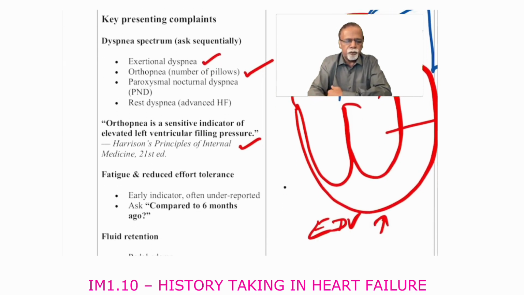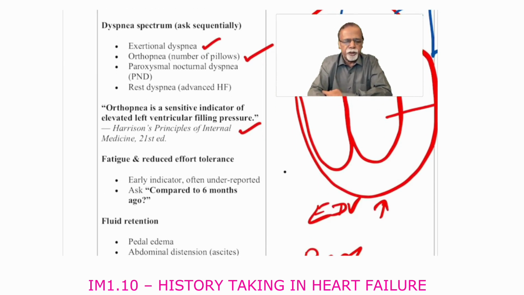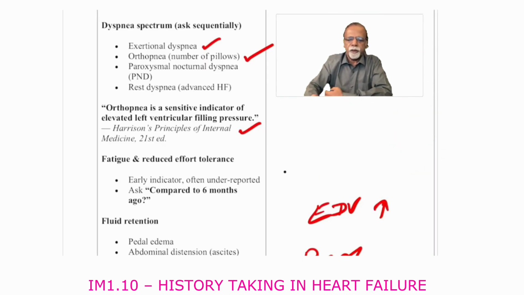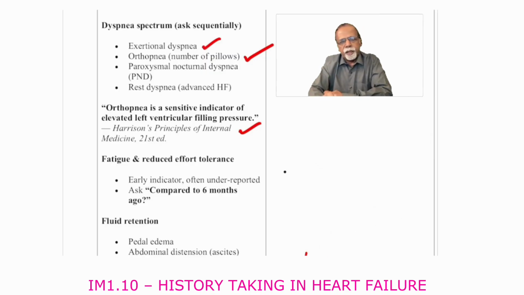Now we go to fatigue and reduced effort tolerance. This is very common in heart failure, but often that is missed. It is again an early symptom of heart failure, but often underreported. So what you should ask is, compared to the last 6 months, what is your effort tolerance?